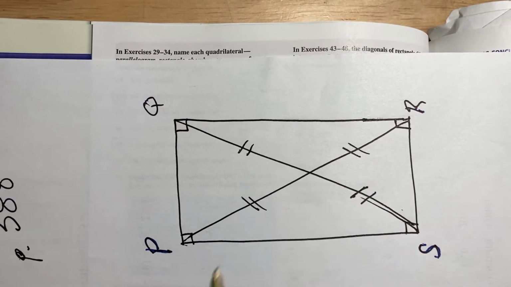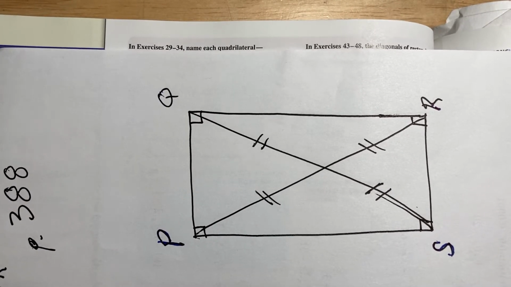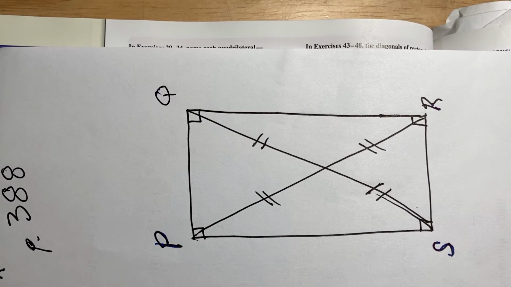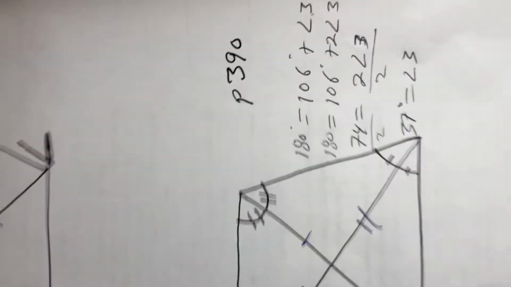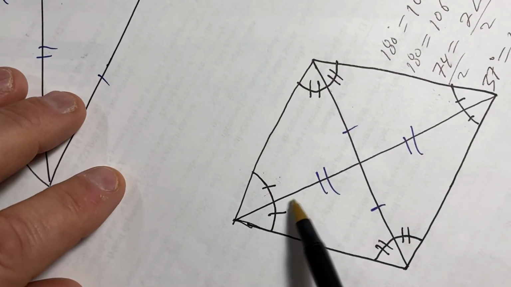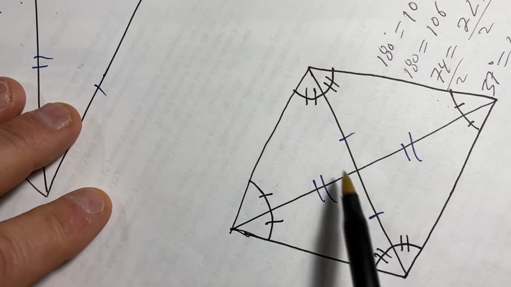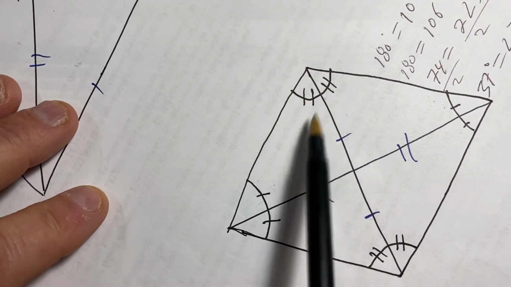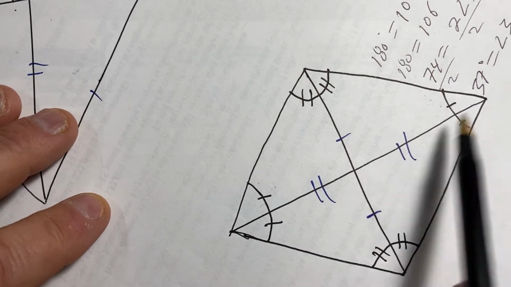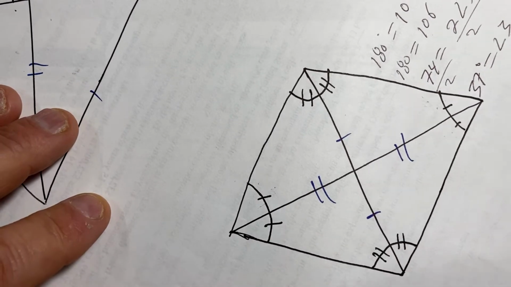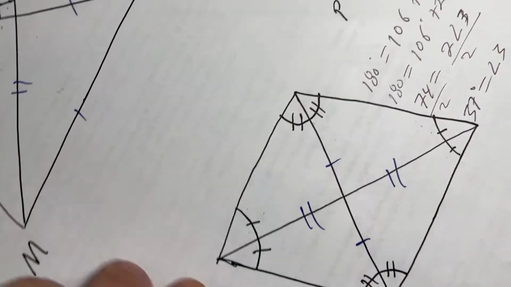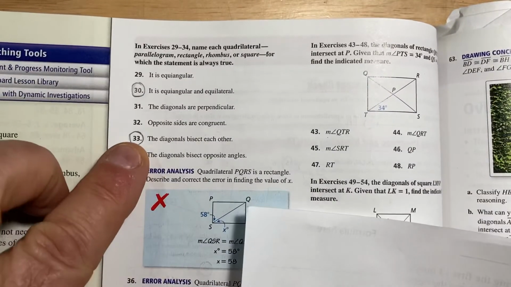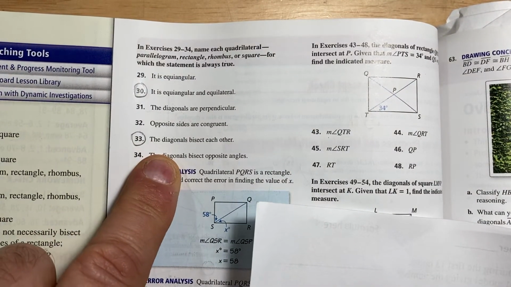That doesn't work. Where's that diagonals bisect each other? Right here, the diagonals bisect each other? Yes. This diagonal bisects that angle and this angle. This diagonal bisects that angle and that angle. Bada bing, bada boom. So this is what they mean for question number 33. The diagonals bisect each other.